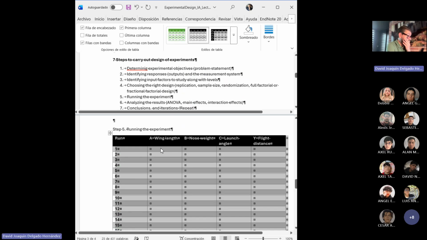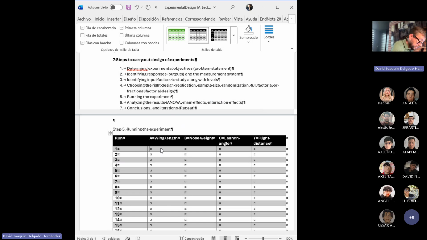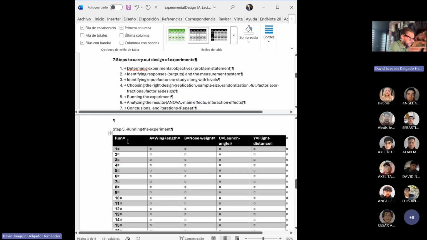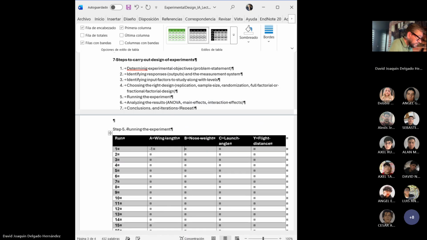Here we are. So again, remember, we have to put here -1, -1, -1.